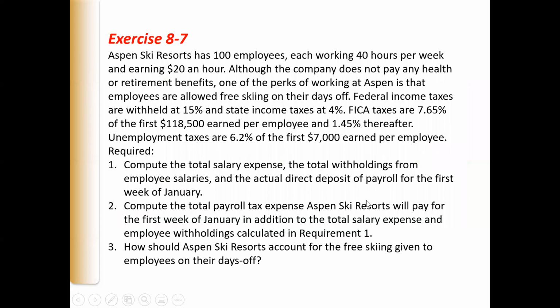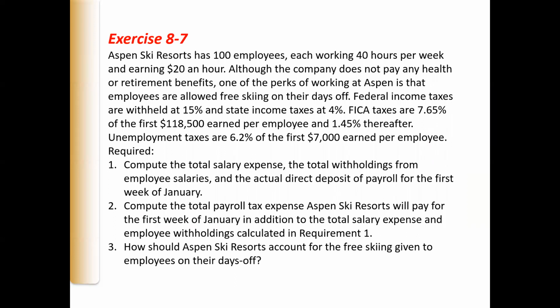Okay, here's one for payroll. Aspen Ski Resorts has 100 employees, each working 40 hours per week and earning $20 an hour. Although the company does not pay any health or retirement benefits, one of the perks is free skiing on their days off.